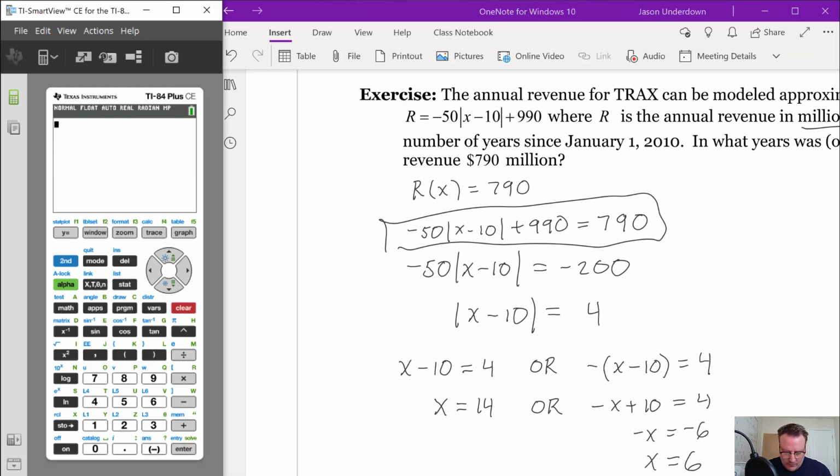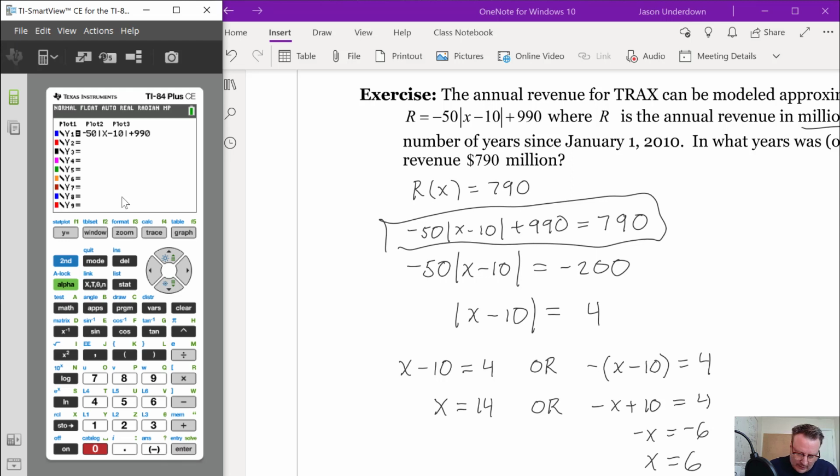What I want to do is graph the left-hand side. So let's put that into a function: negative 50 times the absolute value function, which is in the math menu under num, the first one there. Absolute value of x minus 10, and now get out of the absolute value bars, plus 990.